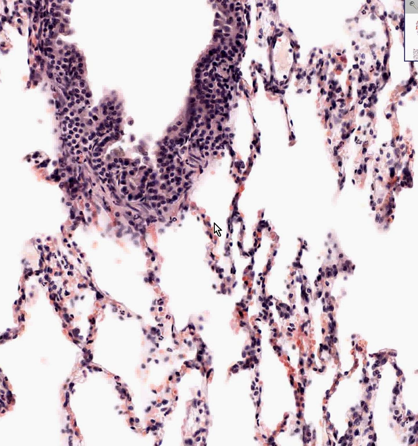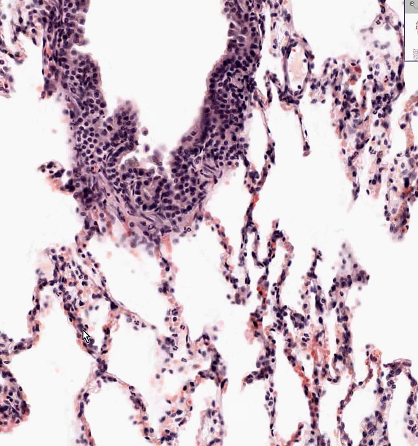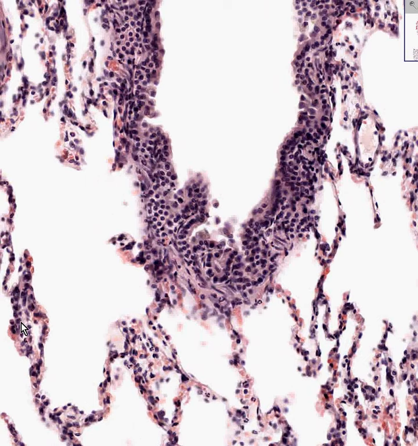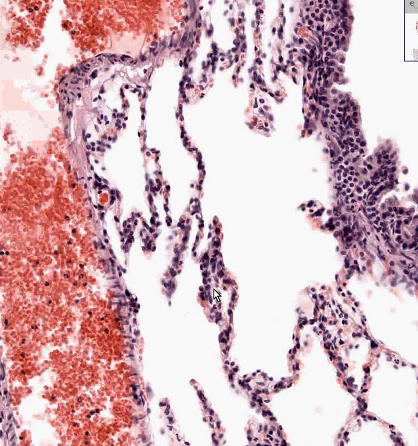Otherwise, the wall of the alveolus consists of pneumocytes, both type 1 and type 2, as well as an occasional macrophage. Let's see if we could find some of these pneumocytes. A type 1 pneumocyte is actually a sort of small spindly cell that comprises the wall of the capillary.